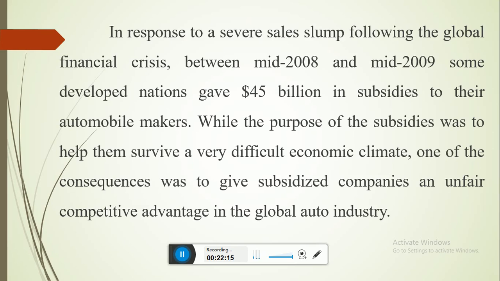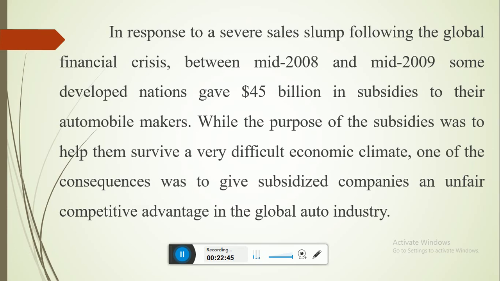So that's why the automobile industries suffered big losses. Thousands of people were working in those sectors, so the government didn't want these automobile industries to close or shut their business. So they gave them around $45 billion in subsidies, so they can stand on their feet.